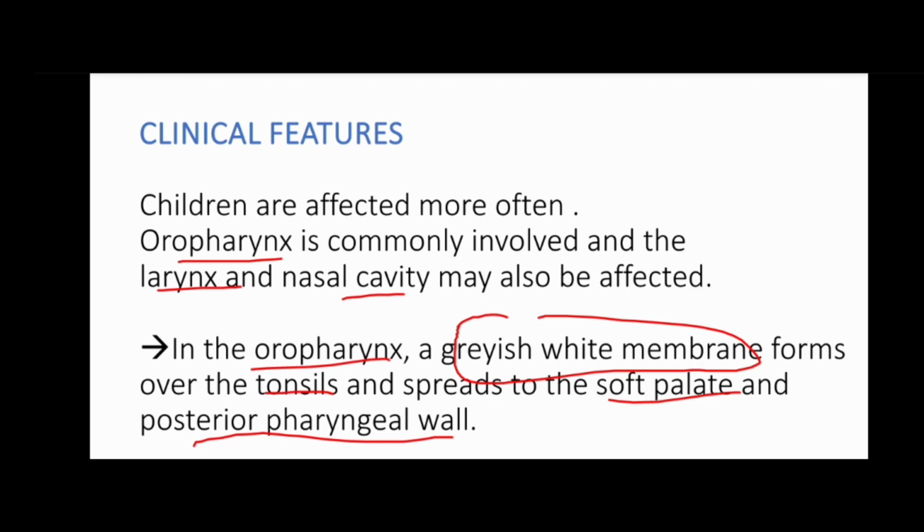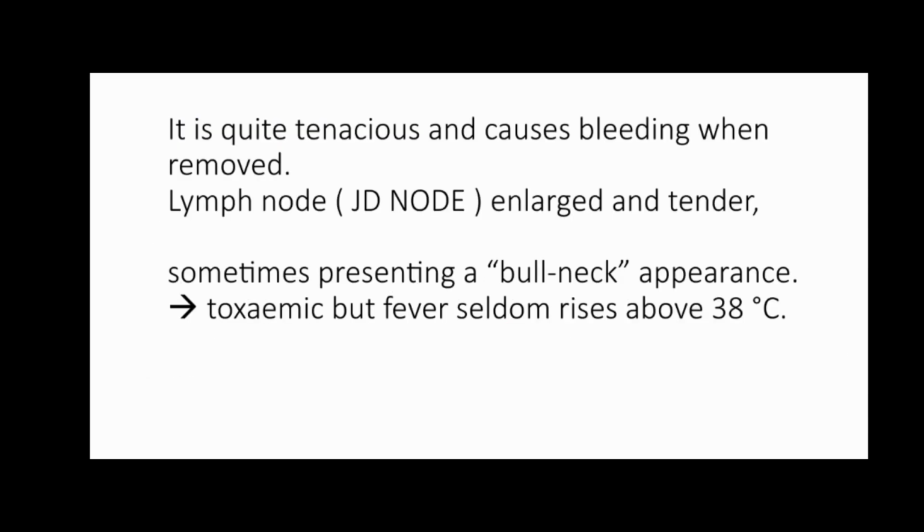It can spread through the full oral cavity, maybe the soft palate, hard palate or posterior pharyngeal wall. It is quite tenacious and causes bleeding when we try to remove it.